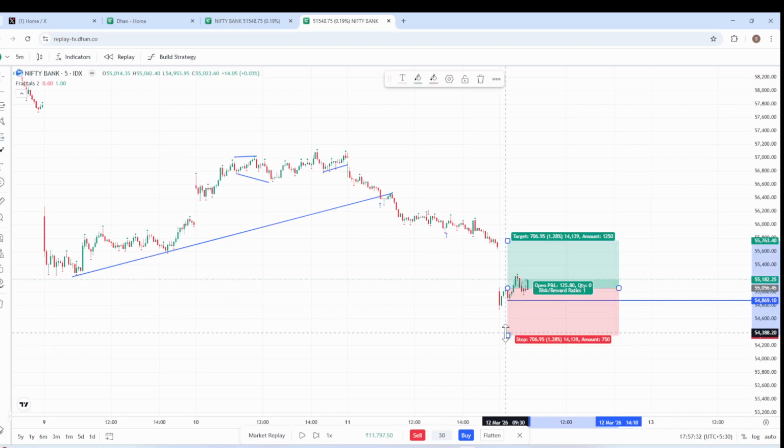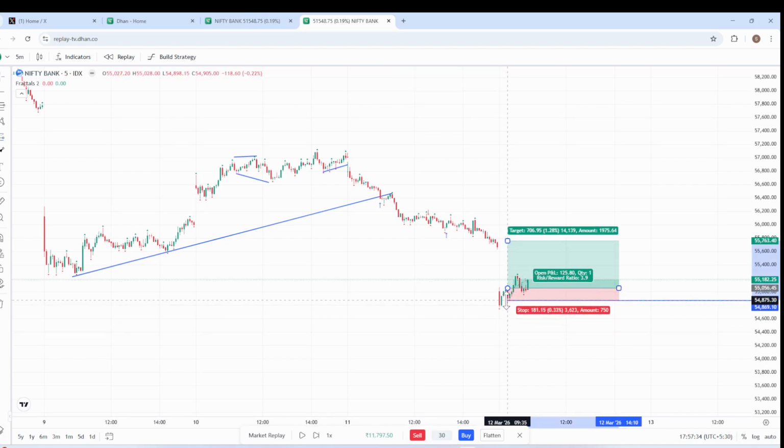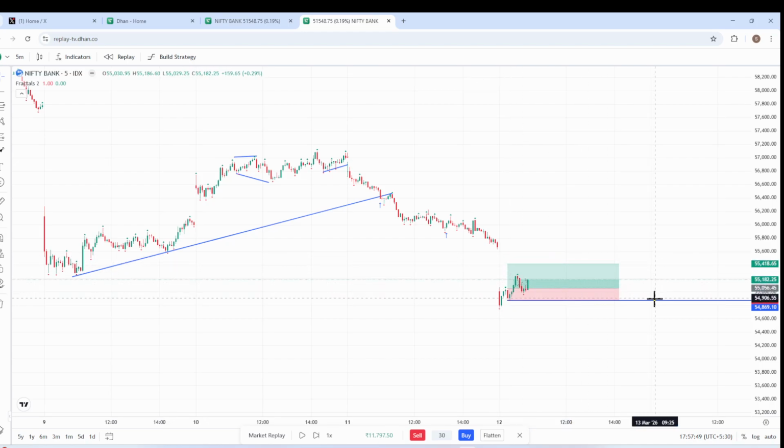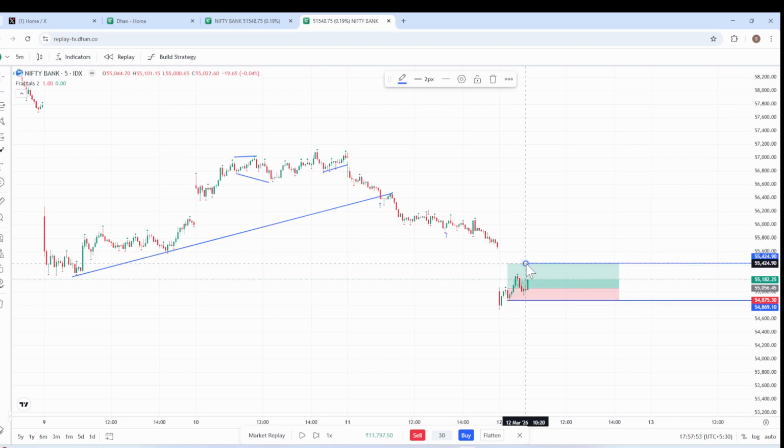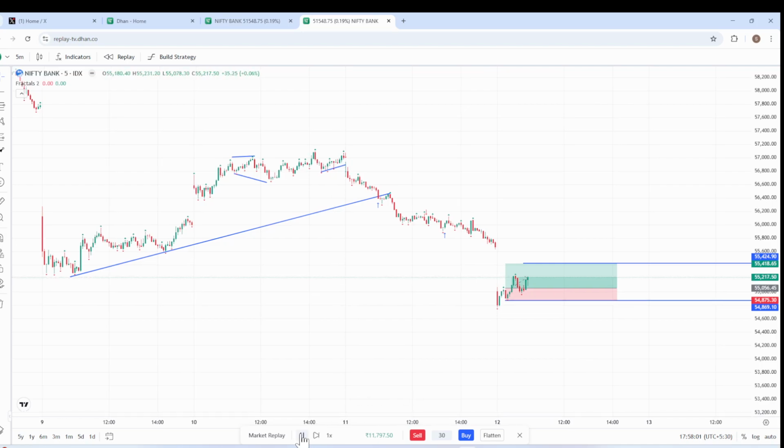We made a long here and our stop is only 181 points, and our take profit should be 1:2, somewhere at 360. So somewhere at this place I'll put one more mark. At 55,418 we should book. That is conditional, right? Let's see.